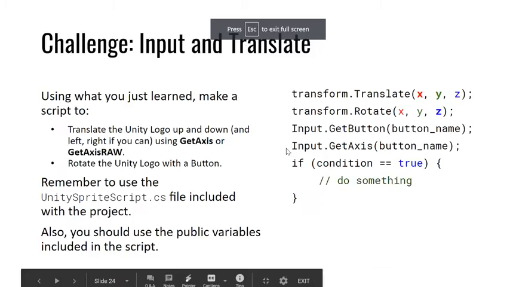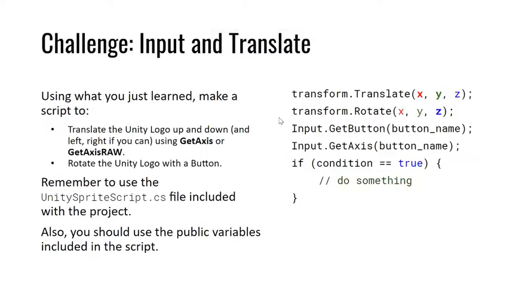So now your challenge is to completely finish the entire thing, to have it also move up and down using these functions, and also have it so that when you press the space button, the Unity logo also rotates.